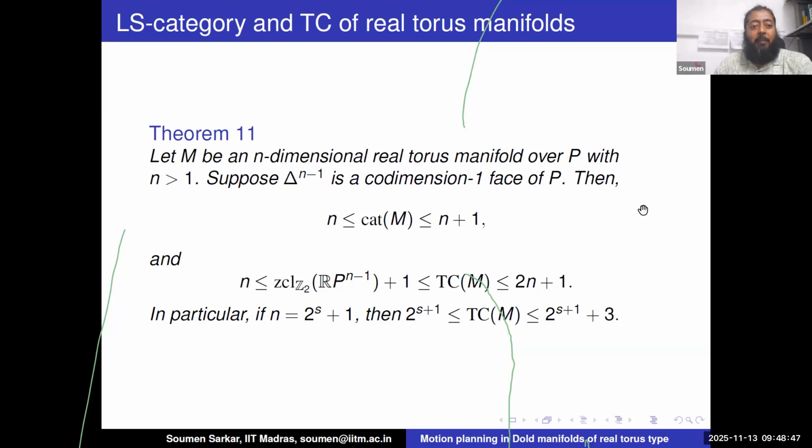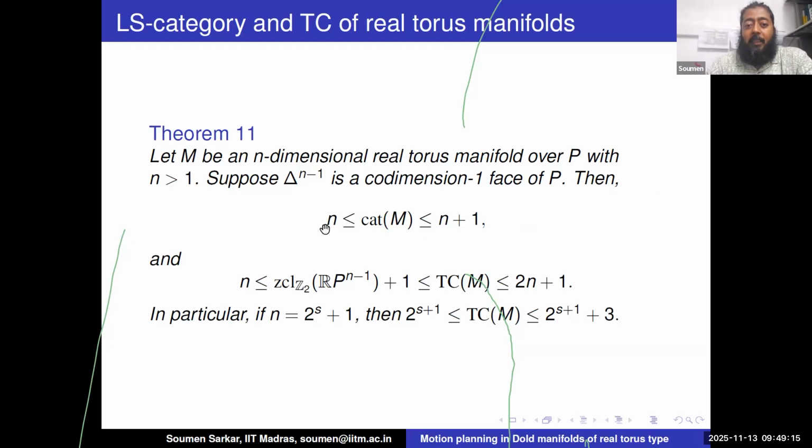So now, if we have an m-dimensional real torus manifold over a nice manifold with corners, with dimension greater than n, and one more condition is that it has a codimension one face which is a simplex.